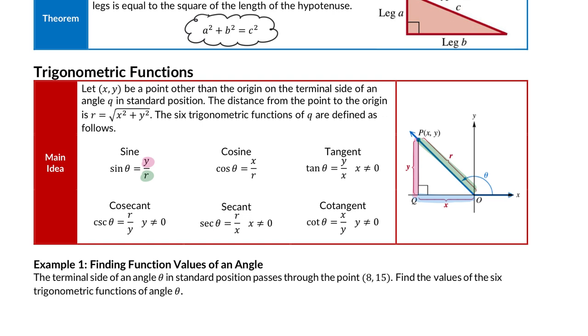The cosine function, which is spelled cos of theta, and if you say cos theta, you owe me a QuickBook, is x over the radius r. So it's your horizontal displacement over your radius. Tangent, tan of theta, is the ratio of the vertical displacement and the horizontal displacement. So it's our coordinate point x and y.